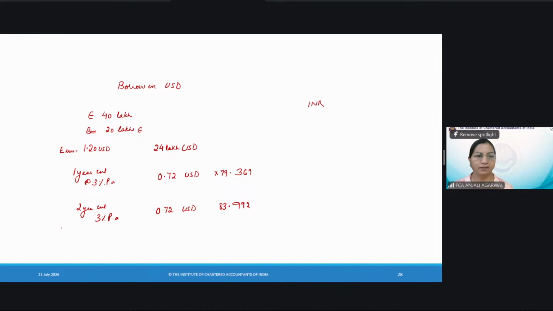And you will repay the 24 lakhs here at 83.992.